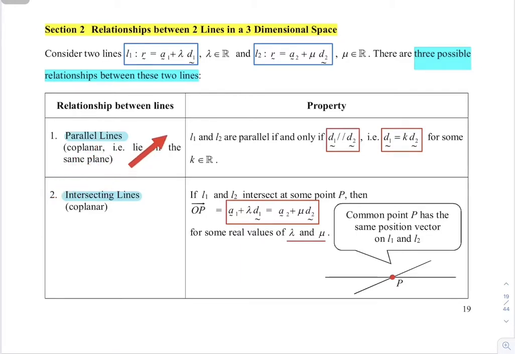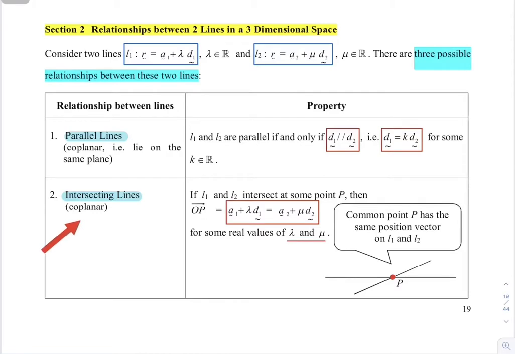Lines L1 and L2 are parallel if and only if the direction vectors for the two lines are parallel to each other. That is, the direction vector of each one of them can be written as a scalar multiple of the other for some value of k.